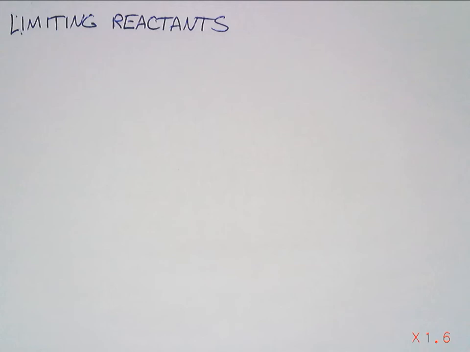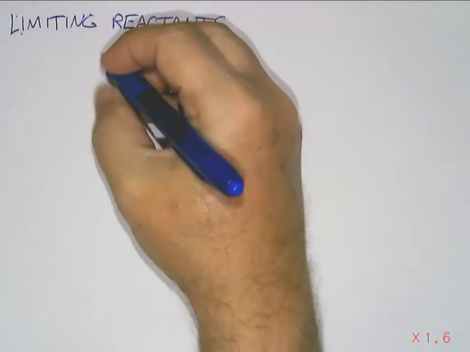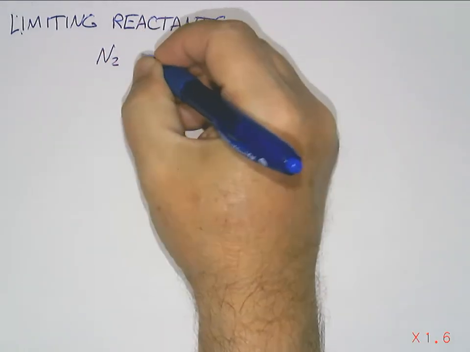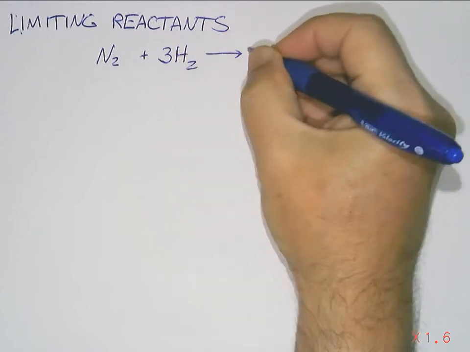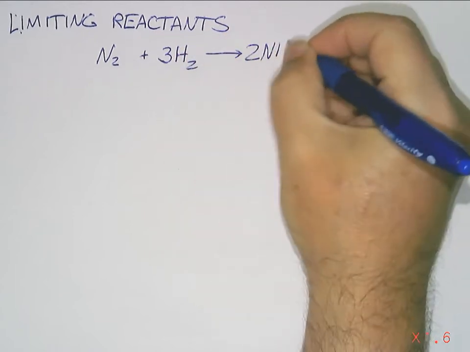Let's do a very similar calculation to the one we did in the last video, except this time, instead of giving you mole amounts for the reactants, let's suppose we're given grams. Let's use the same recipe that we were working with last time, the recipe for industrial production of ammonia.